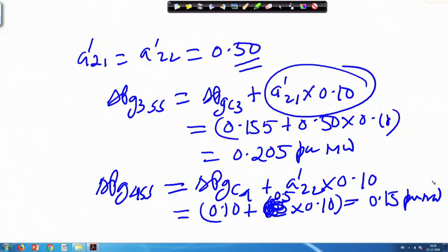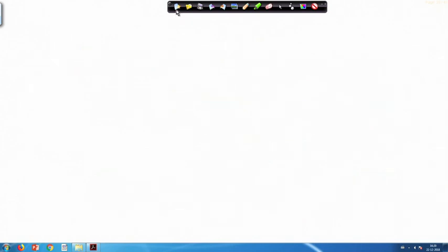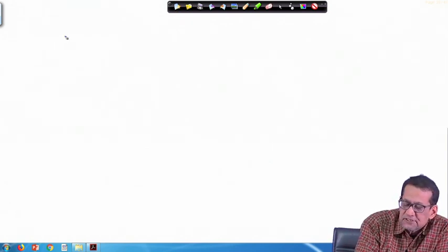So, this is done. Another thing is the tie line power flow. In each area there are 2 GENCOs and 2 DISCOs.